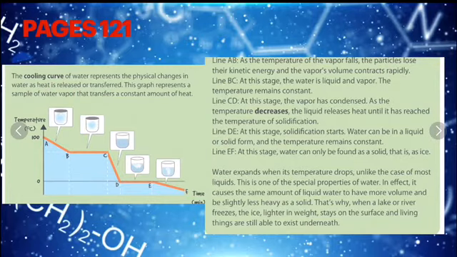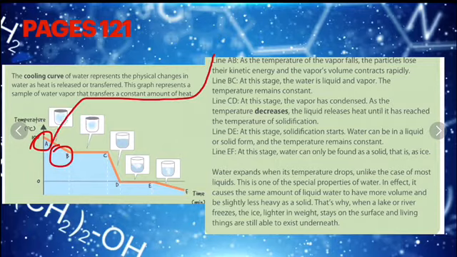Okay, it says line A, B. As the temperature of the vapor falls, the particles lose their kinetic energy and the vapor's volume contracts rapidly. So we're focused on A and B, and we observe that the vapor falls and loses kinetic energy. You see right here, this is line A and B.